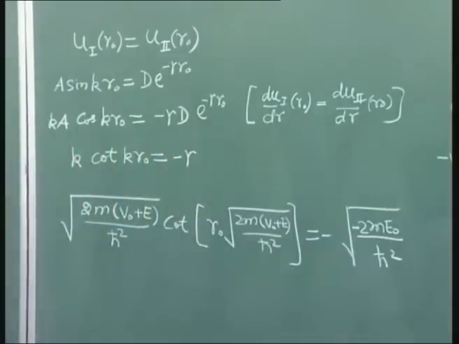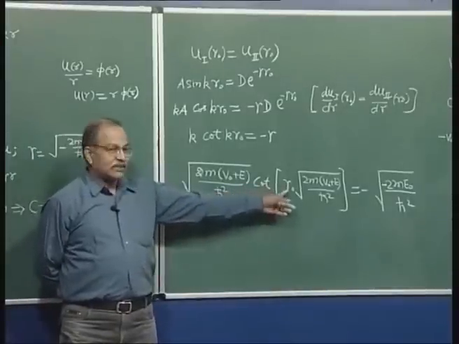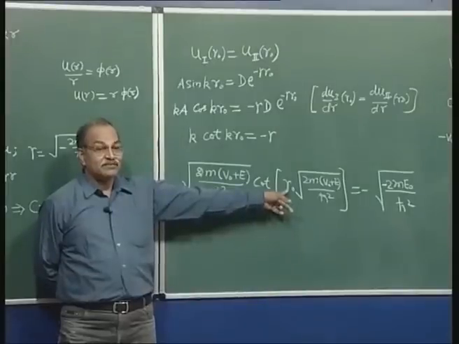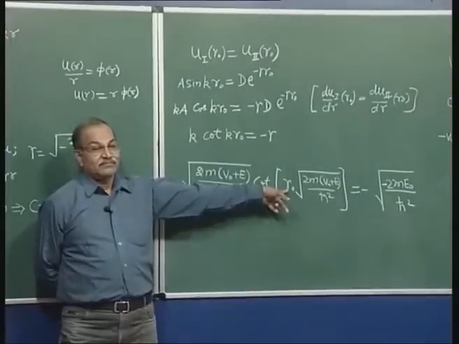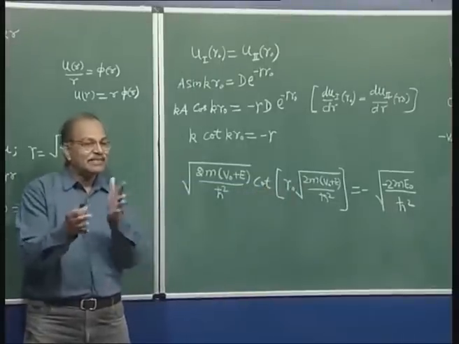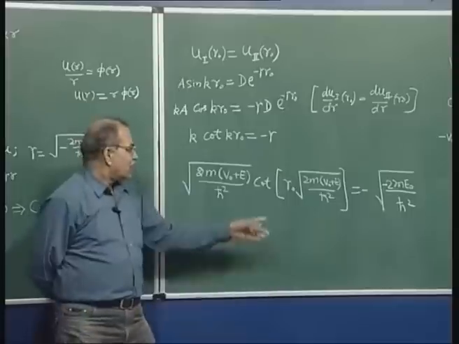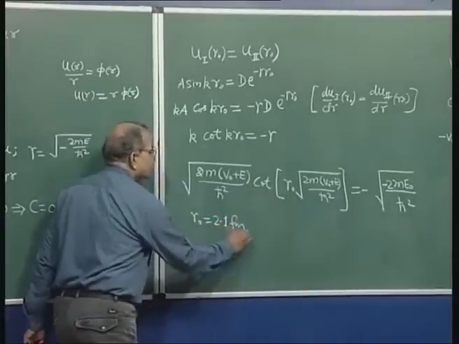Okay. Now, in this equation I know R naught. How much is it? 2.1 femtometers. Range, which is roughly the radius of the deuteron. So, R naught is from experiment. From experiments I know that R naught is this.